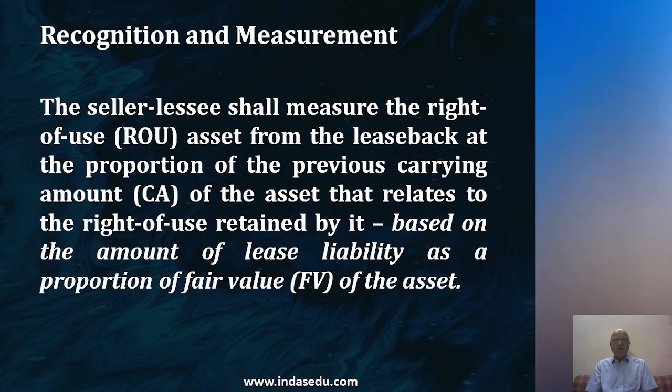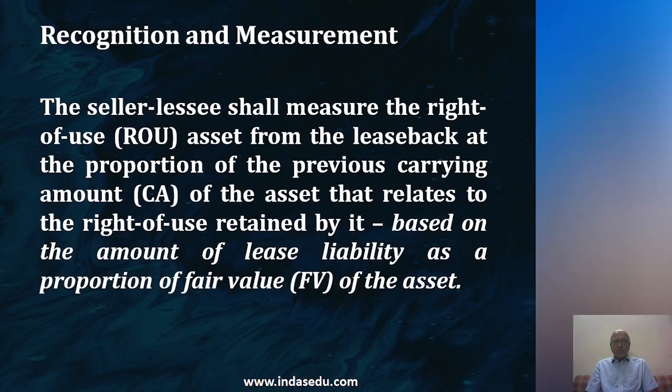Now, what about the right-of-use asset? It is the proportion of the previous carrying amount of the asset that relates to the right of use retained by the seller-lessee. That means the previous carrying amount of the asset has two parts. One part is the right of use retained by the seller-lessee, and the remaining part is the right of use transferred.